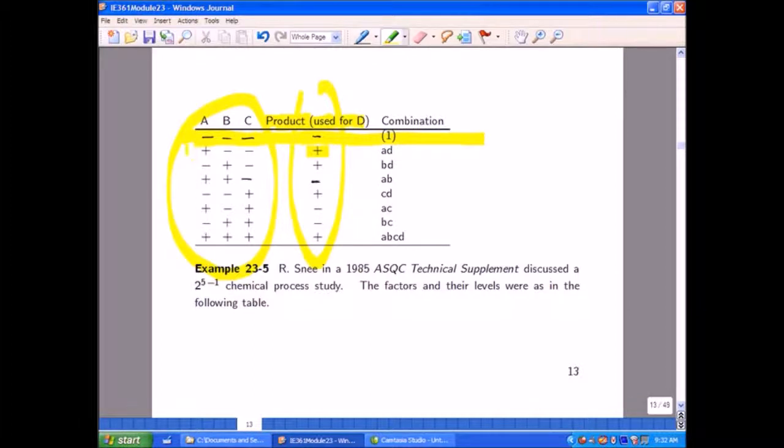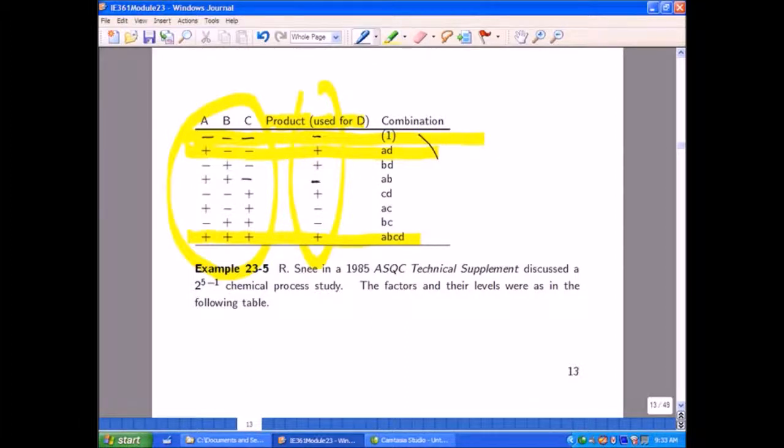The second row of the table says another way that we will collect data is for A high, B and C low, D high. Well, in this special naming convention for 2 to the P factorials, that is the combination AD, and so on, all the way down to this last row, the ABCD combination.